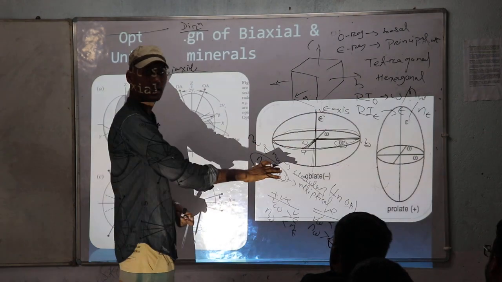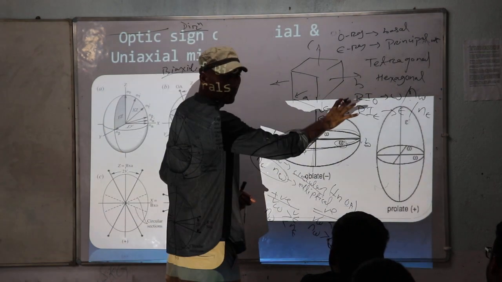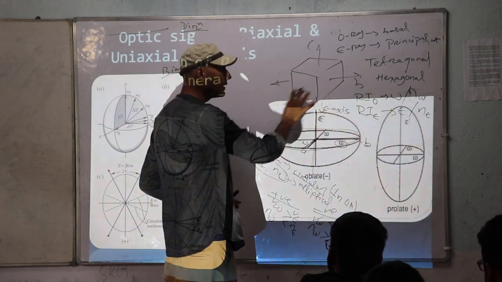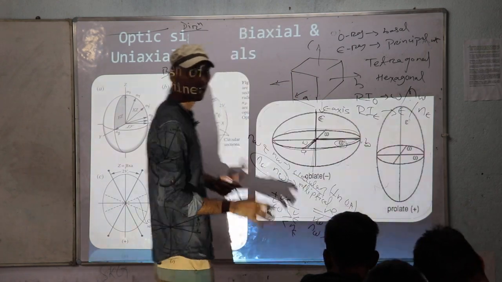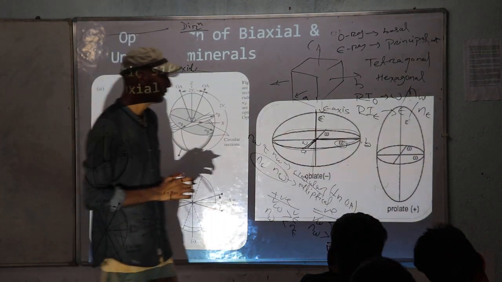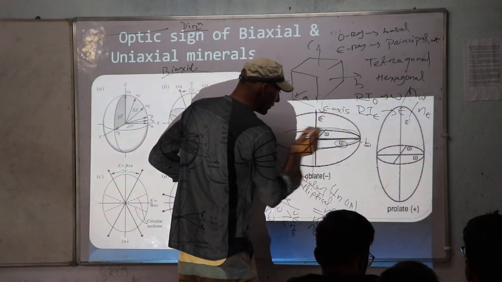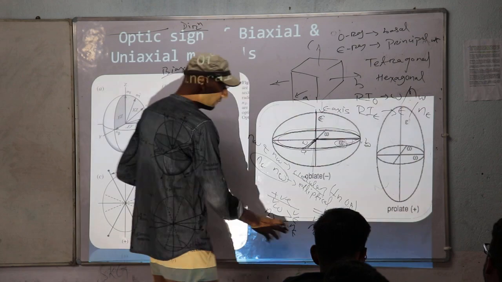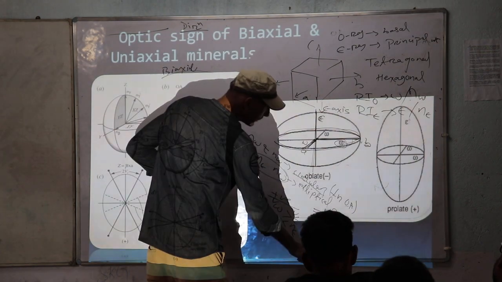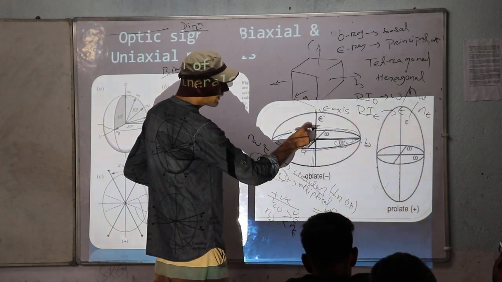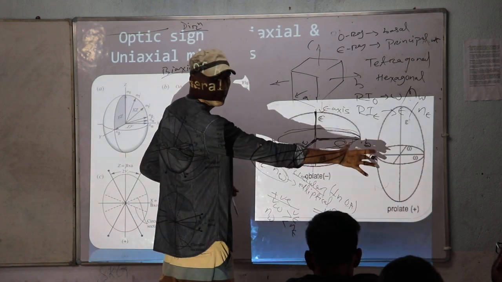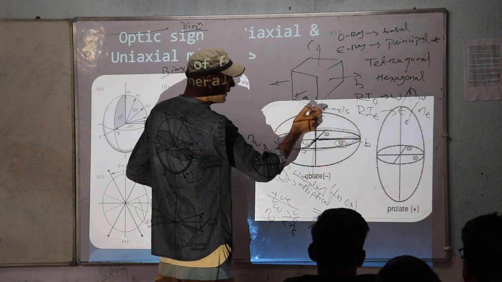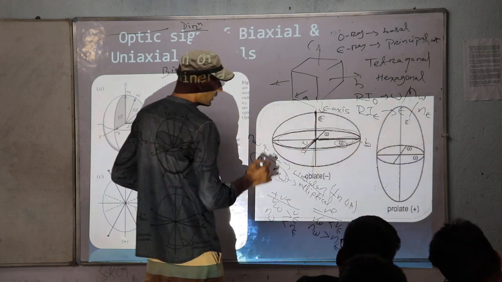Here, in this case, that is the AB plane. In a uniaxial mineral, that is the AB plane, or you can say the basal section, only in case of uniaxial, not in case of biaxial. So you can get a circular section here. If n epsilon is smaller than n omega, you can see in this figure, n omega is greater, the O ray refractive index is greater, the epsilon refractive index is smaller.